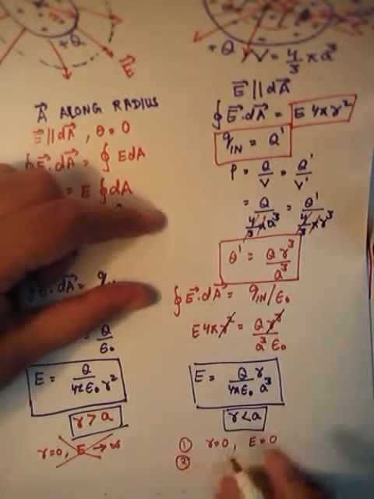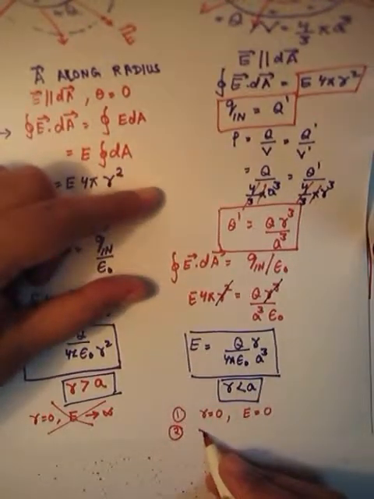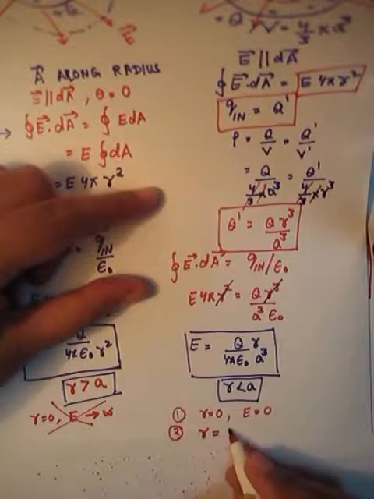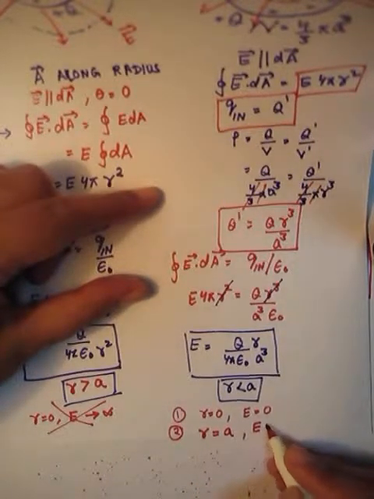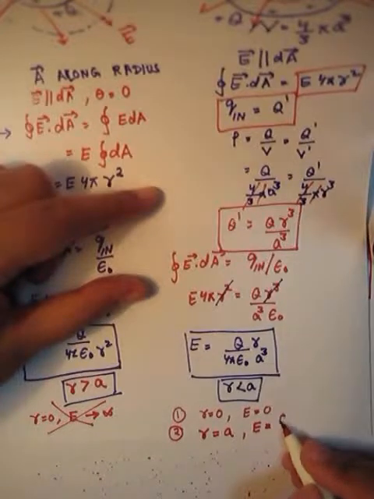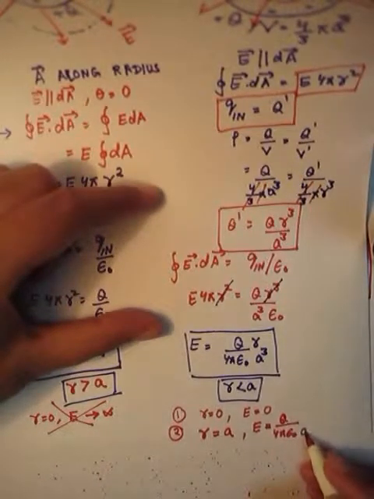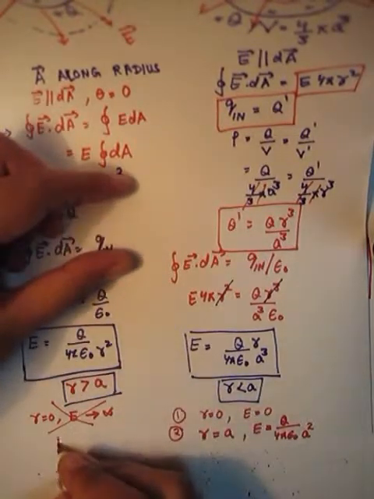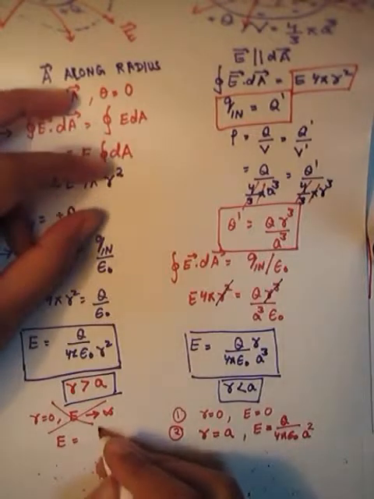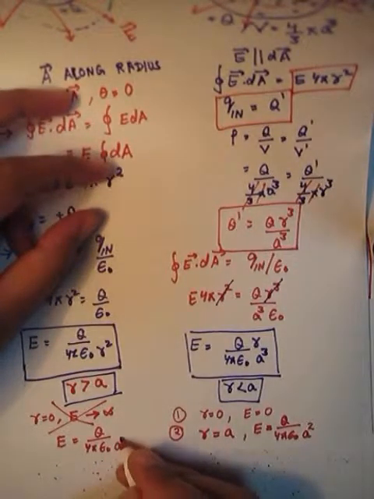Now, what will happen at the surface? Let us say at the surface means r is equal to a. And if r is equal to a, electric field will be given by Q upon 4 pi epsilon naught a squared, and from the outside formula also E is equal to Q upon 4 pi epsilon naught a squared.